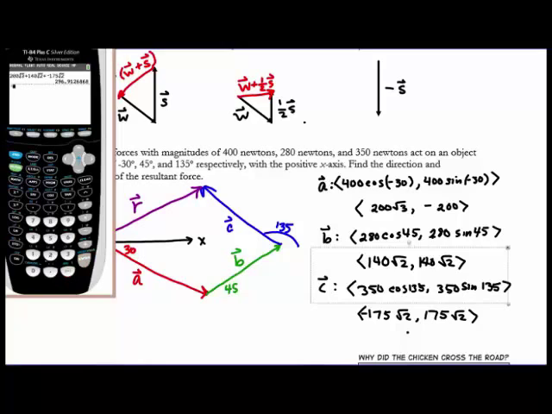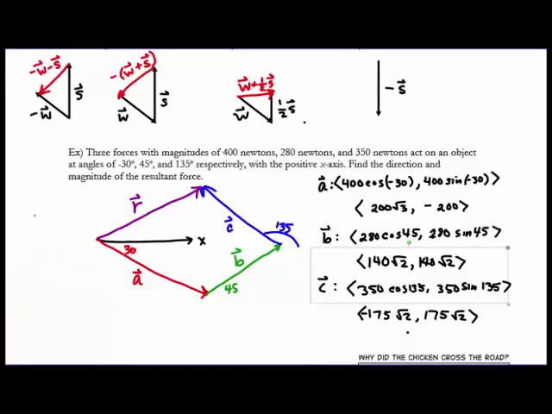So the y's, I have negative 200 plus, pardon me, negative 200 plus 140 root 2, and 175 root 2. All right, so my resultant is 296.9, 245.5, let's say. So R is 296.9, and what was the other one? 245.5.